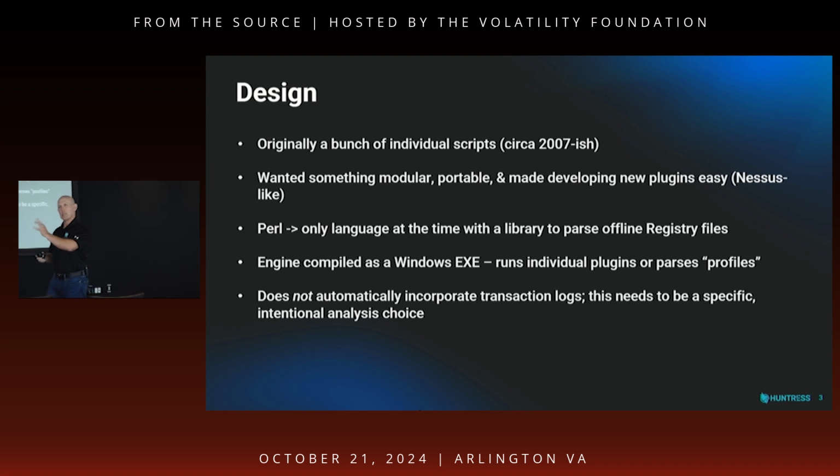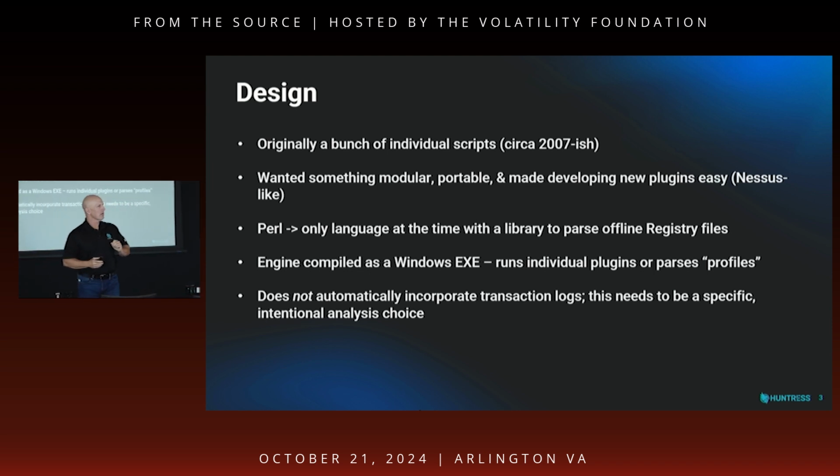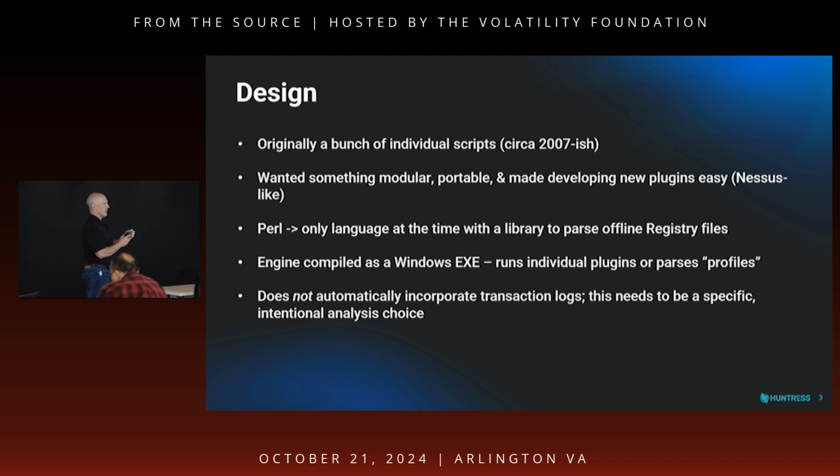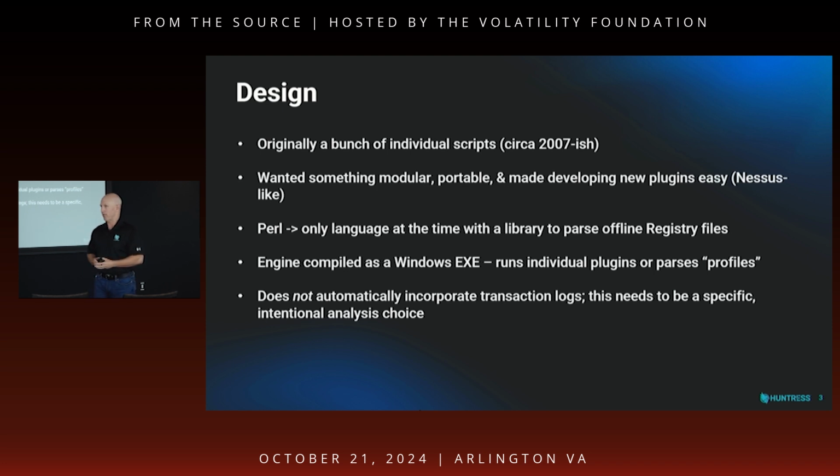Pattern recognition, close, okay. Go back a little further in history to around 2005, 2006, 2007-ish. Perl was the only language that had a module that a guy named McFarland had created that would parse offline registry files. It was the only language at the time that had this capability.